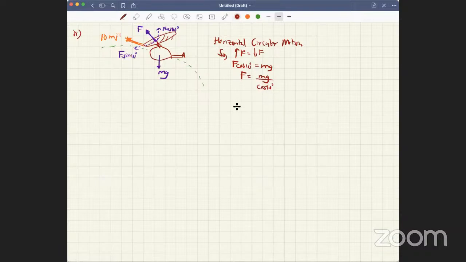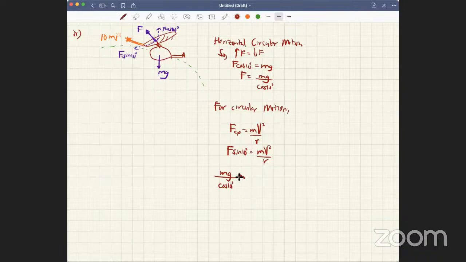All right. And then for circular motion, let's go with centripetal force equals mv squared over r. The centripetal force is F sine 10, equal to mv squared over r, and instead of F as usual we can put mg over cos 10.